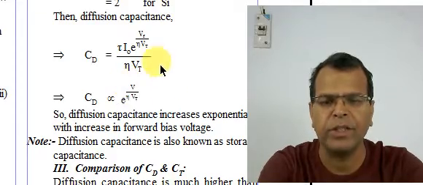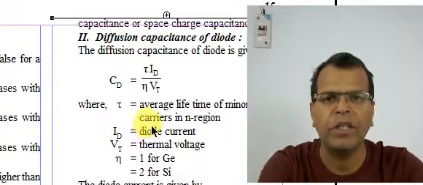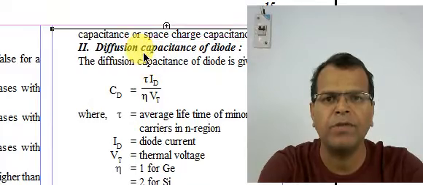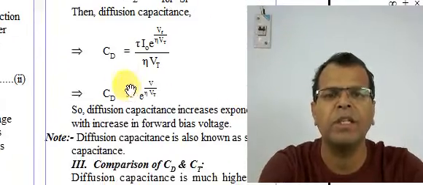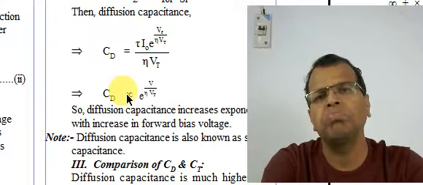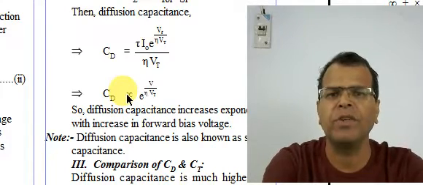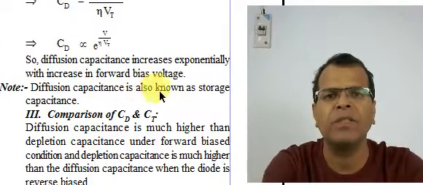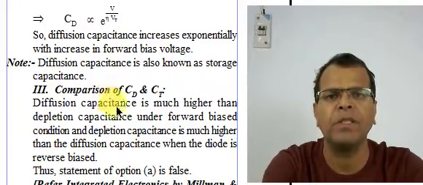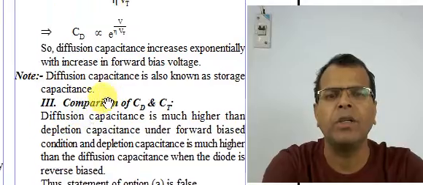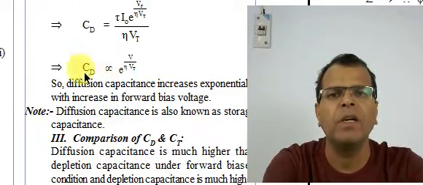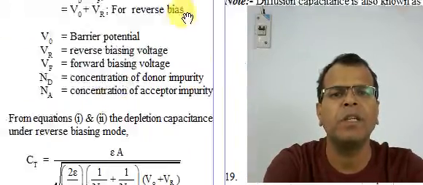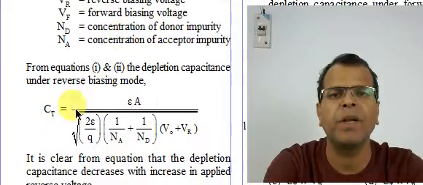Now if you see, the diffusion capacitance is a function of forward biasing voltage, and the transition capacitance is also a function of biasing voltage. Diffusion capacitance is also known as the storage capacitance. What we find is that in case of forward biasing, diffusion capacitance is much larger. In case of reverse biasing, the transition capacitance will play the role.